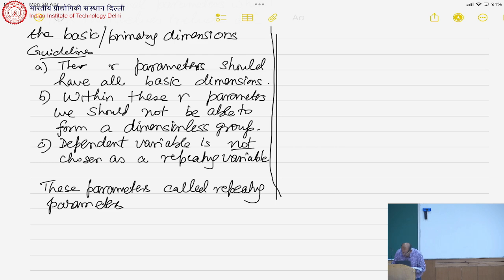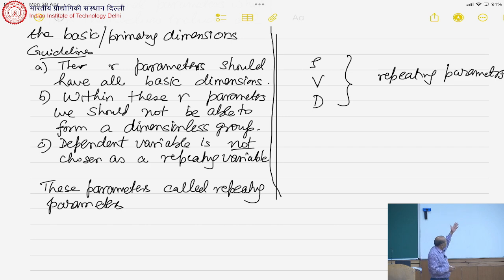So in the example, we choose rho, V and D as the repeating parameters. I could have chosen rho, V and mu also, or mu, V and D also, because one of these, rho or mu, is needed to get M. V and D do not contain M. We choose D because D is a simple parameter.